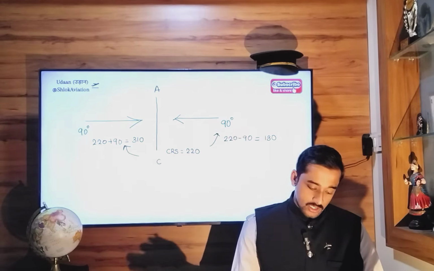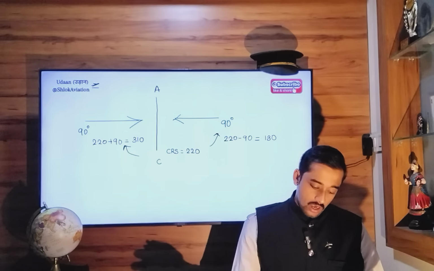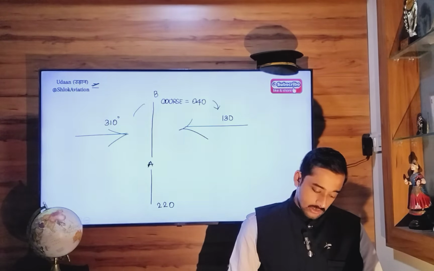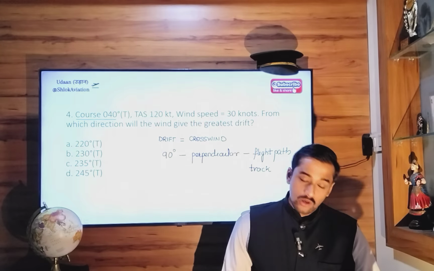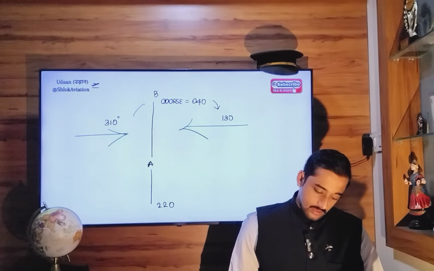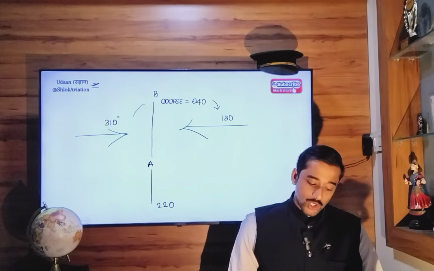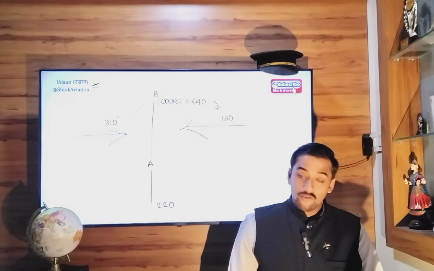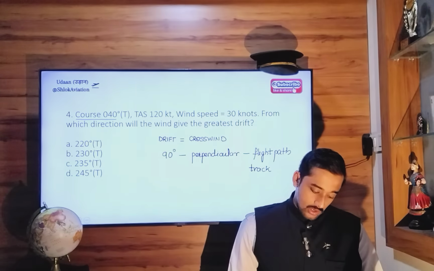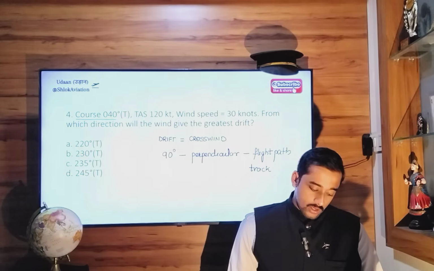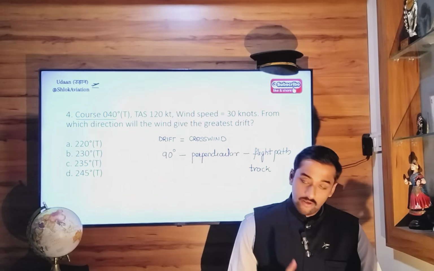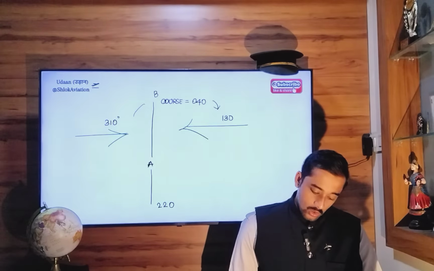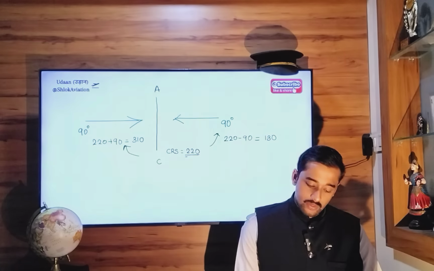So possible options are again 310, 130. Now the closest option to 310 is 230, 235, 245. Now our reverse course is 220, right?